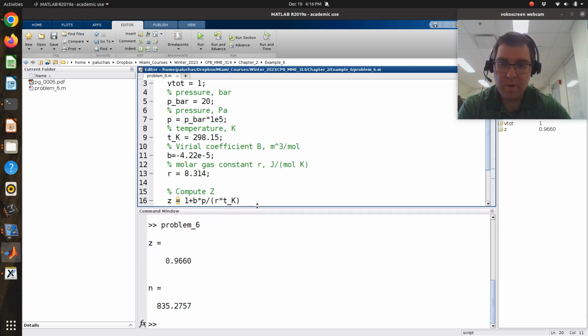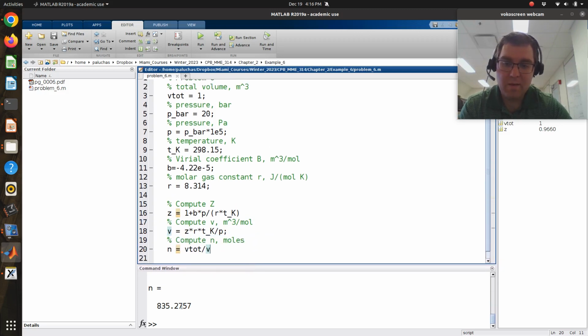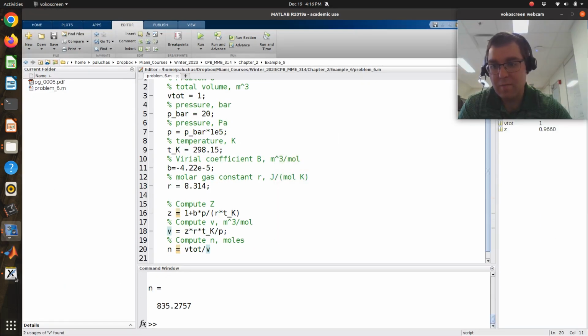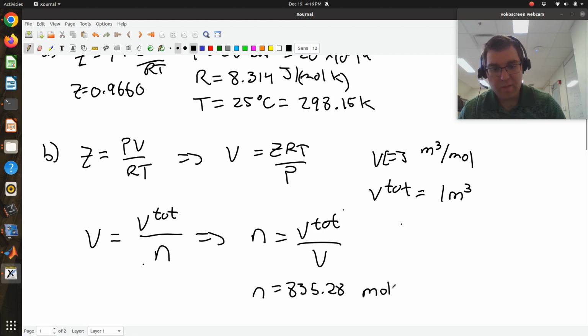So now we've got Z of 0.9660 and N is 835.28. So N is equal to 835.28, and that's moles of methane. If you want to convert that to mass of methane, you just need to look up the molecular weight, which has units of grams per mole, and you could convert from there.